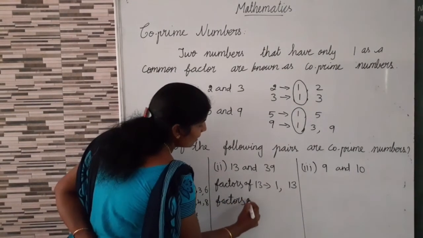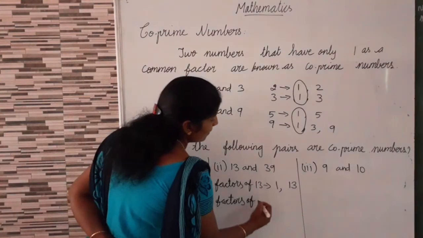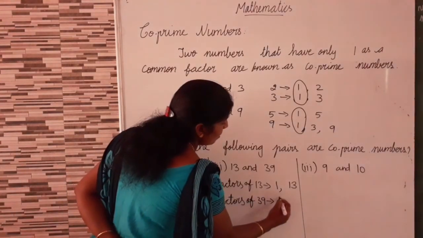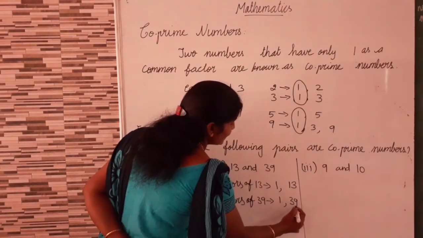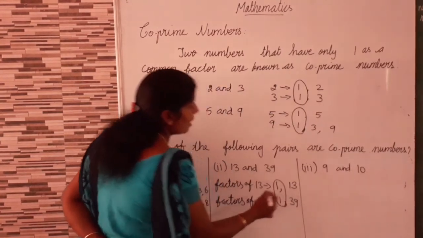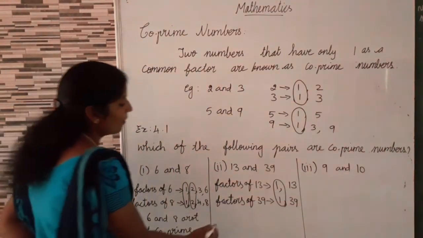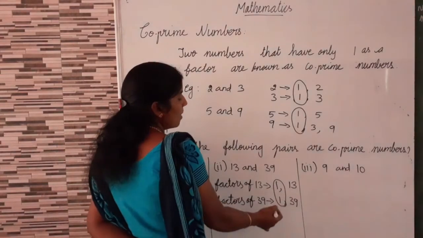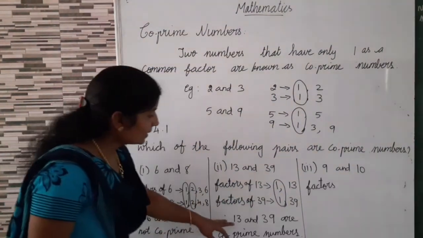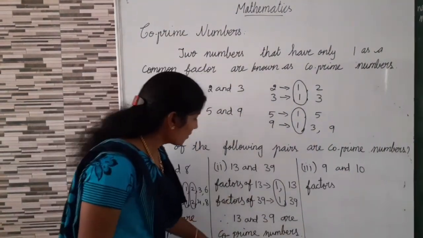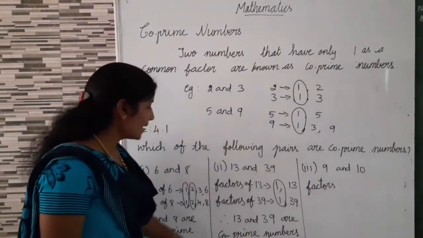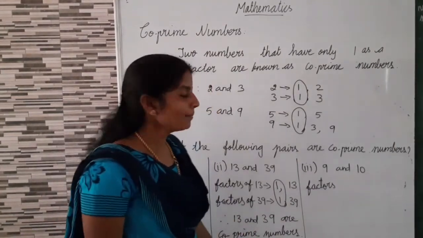Here only 1 is common. Therefore, 13 and 39 are co-prime numbers.